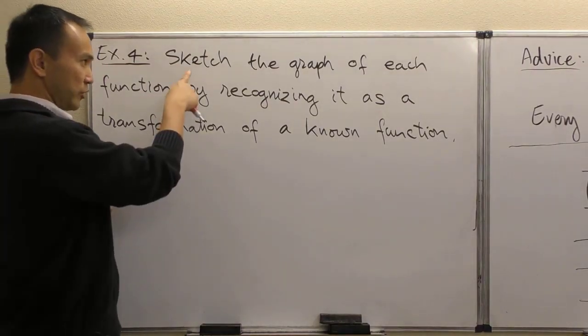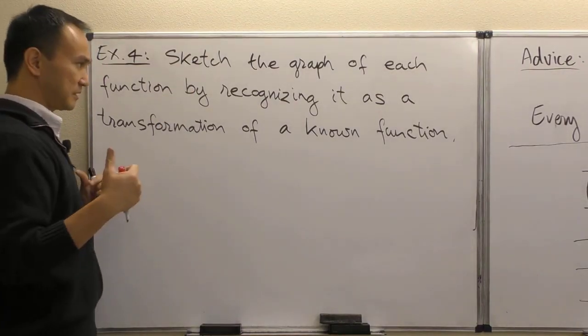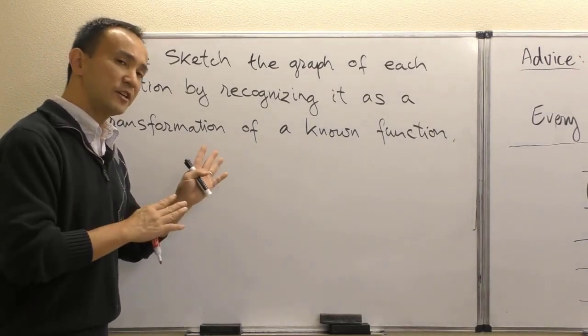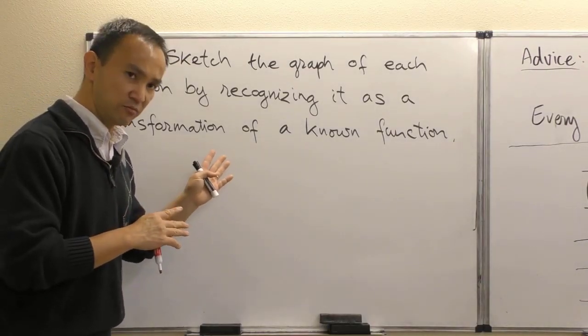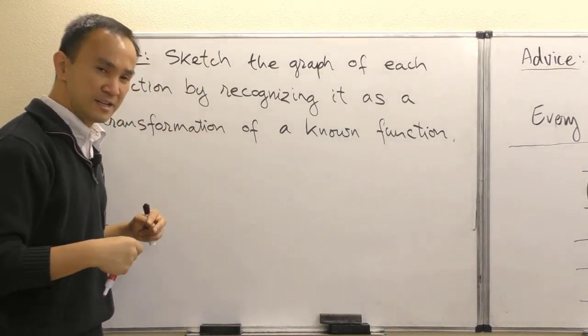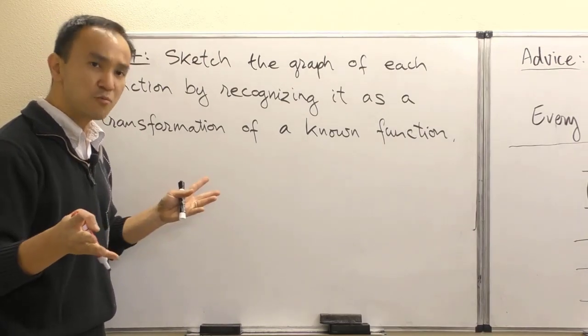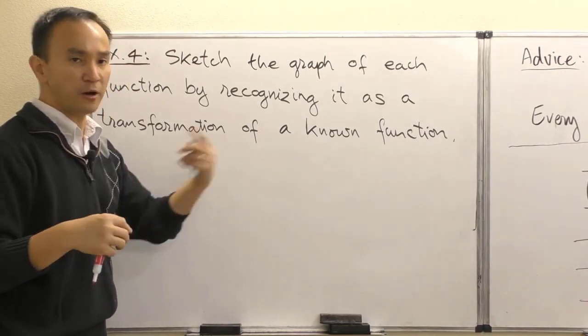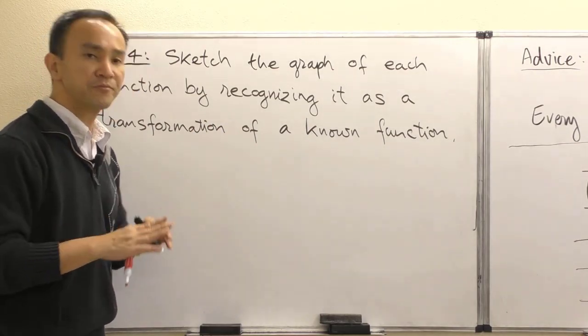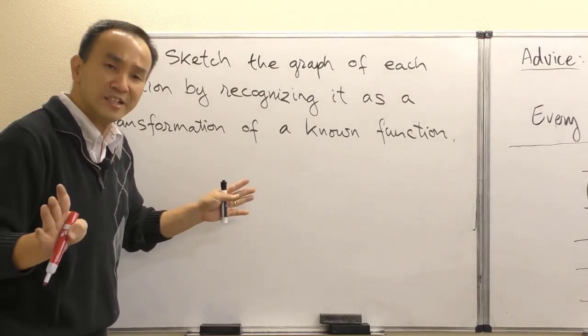We want to do a hand sketch of the graph, but to make it easy, I don't need anyone to do plot by points to eventually draw the graph. That's too much. The worst thing is to pull out a graphing device and just type in whatever function I'm giving, because then you lost all the points about learning.